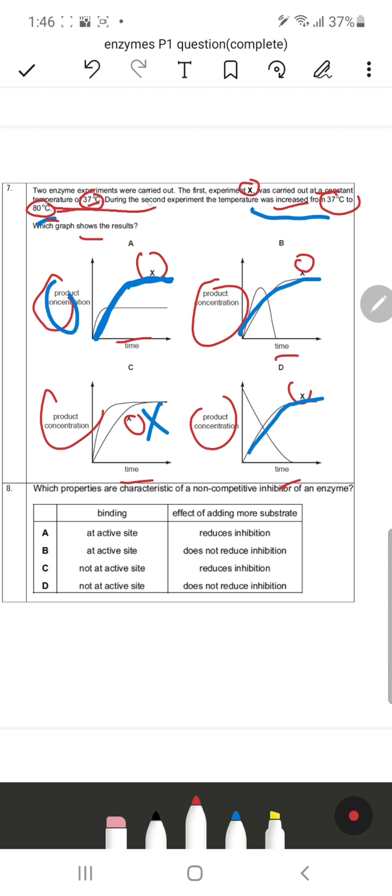So at this temperature, the graph will obviously be a much less steep line, and there will be less product concentration. So the products will not decrease as shown in D.